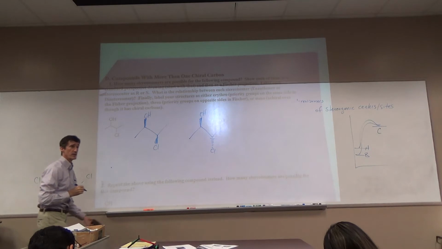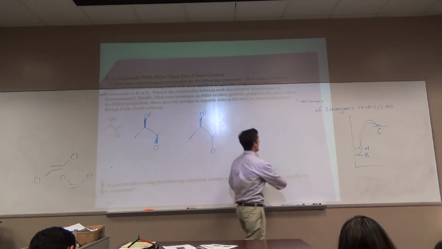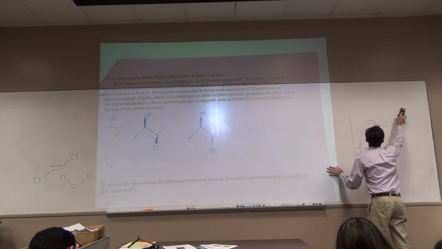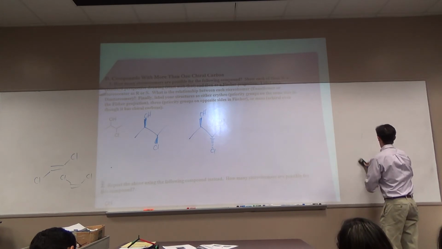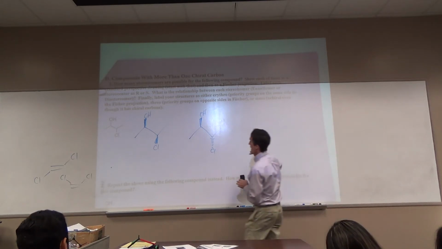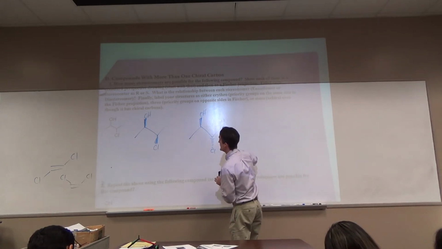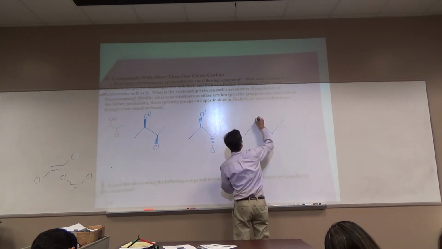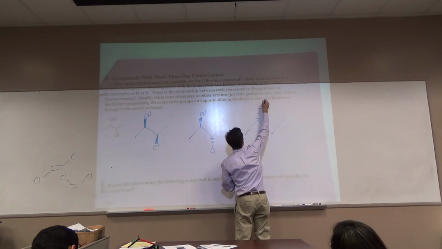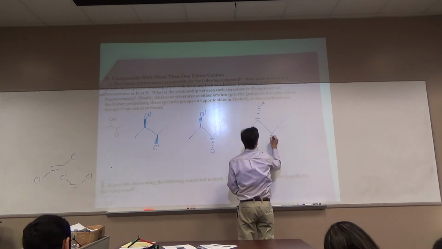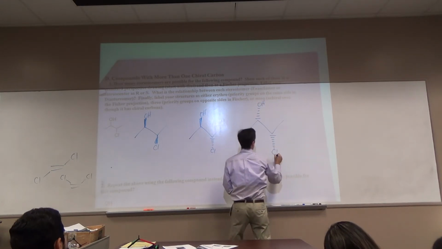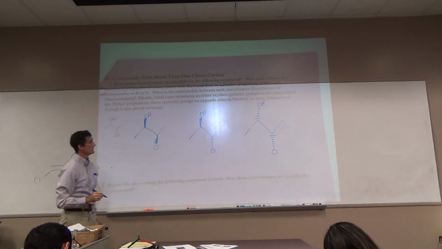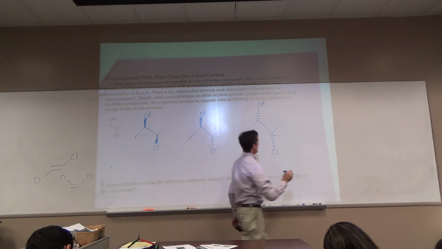Or is it just the same thing redrawn? How about if we go boom, boom, boom, make this that, and make this that? How about that one? What would the last one be?